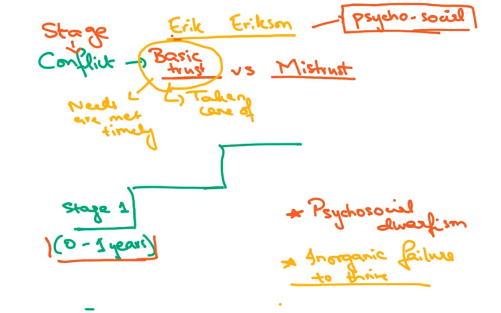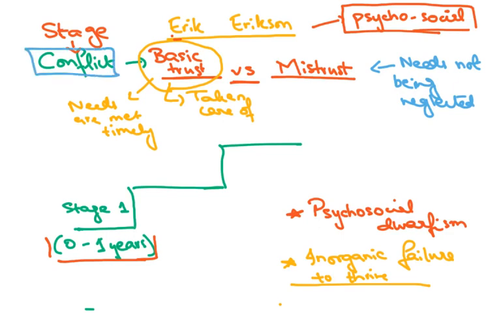Now the conflict here is basic trust versus mistrust. If their needs are not met in a timely manner, so here you have needs being neglected, then the conflict of this stage, the stage which spans from 0 to 1 years, basic trust versus mistrust, will be resolved on the mistrust side.